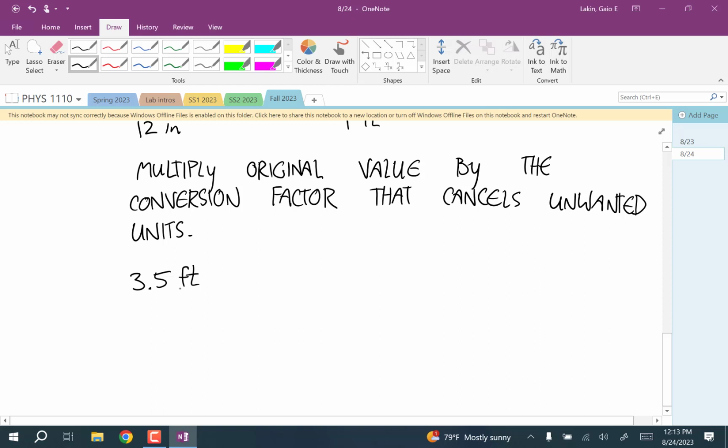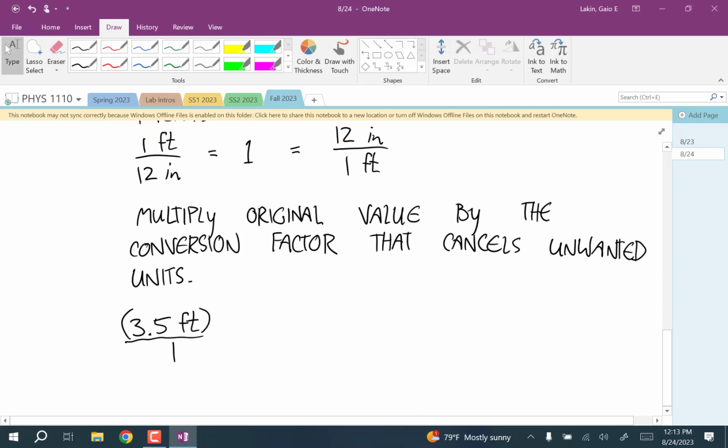And in order to make the fractions clear, I'm going to think of this as 3.5 feet over 1. Okay? And now we're going to multiply this by either 1 foot over 12 inches or 12 inches over 1 foot. In order to cancel the feet, do we want the feet on the top or the bottom of what we multiply to? Bottom. So we're going to multiply this by 12 inches over 1 foot.